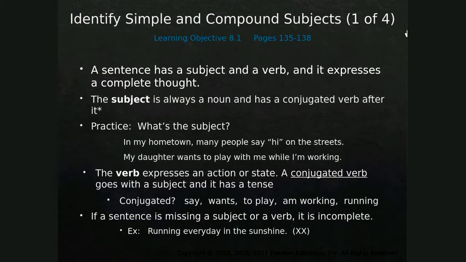A conjugated verb is a verb that is changed to show tense. Okay, and I might need to write this on the whiteboard because I'm using a lot of new words here. It's a verb that shows tense and subject. So let me write that, okay? This is key. This is so important for this class.